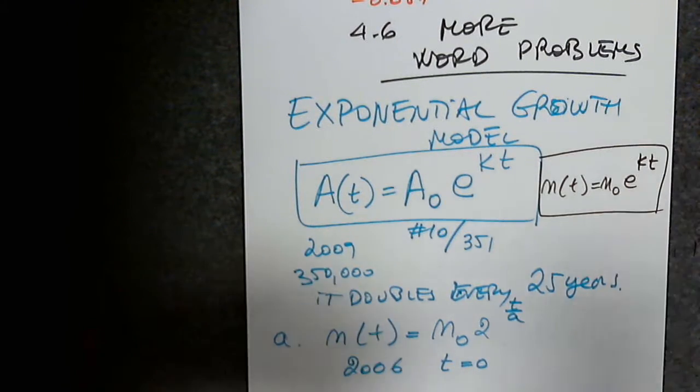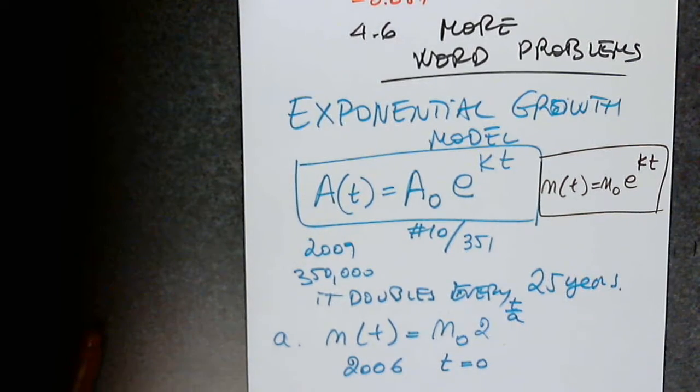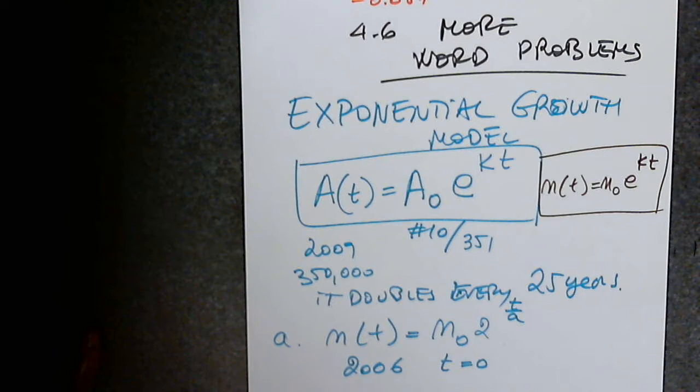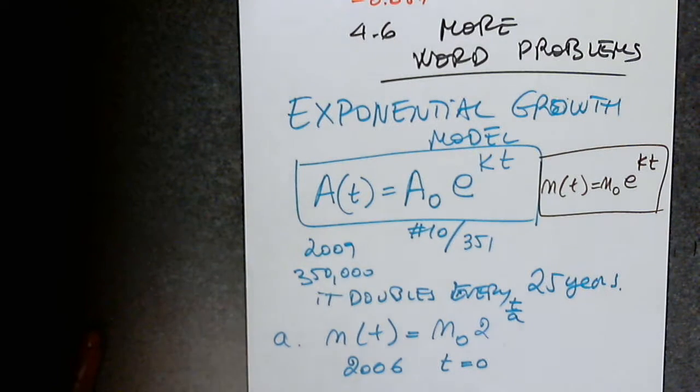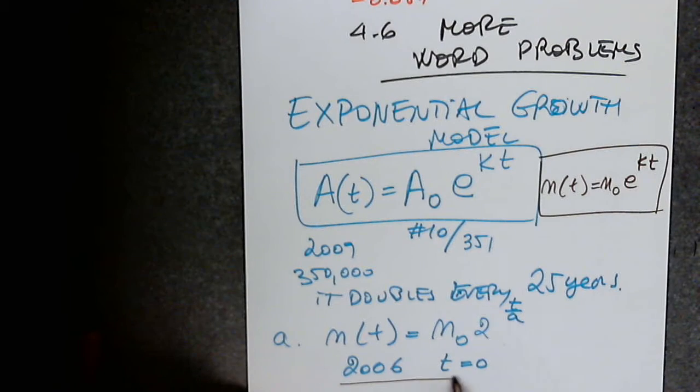Don't get confused, they mean the same thing. Instead of using the notation a, I can use the notation n. So find an exponential model n of t, which is n0, the initial number, for the population t years after 2006.